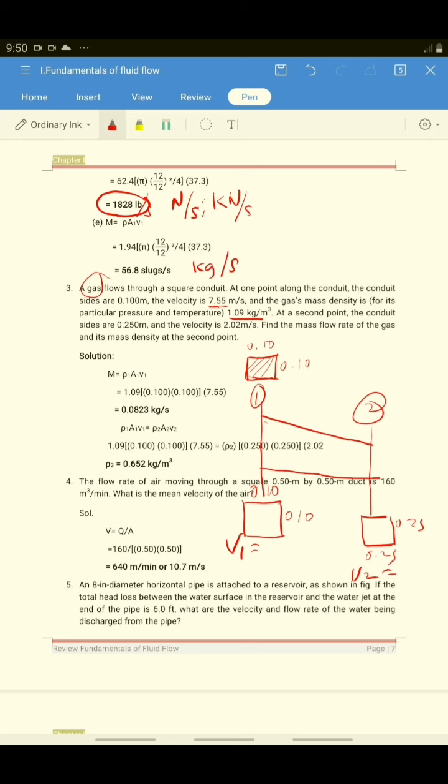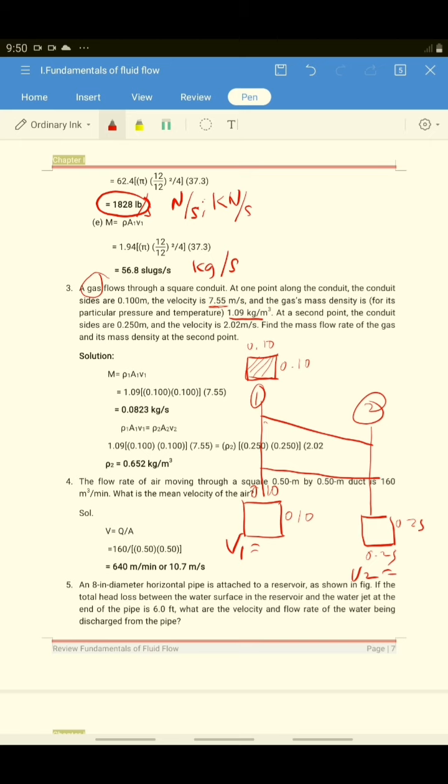Now we are going to find out the mass flow rate of the gas and its mass density at the second point. You have to remember that the fluid here is gas, and gas is a compressible fluid, so the density is not constant.